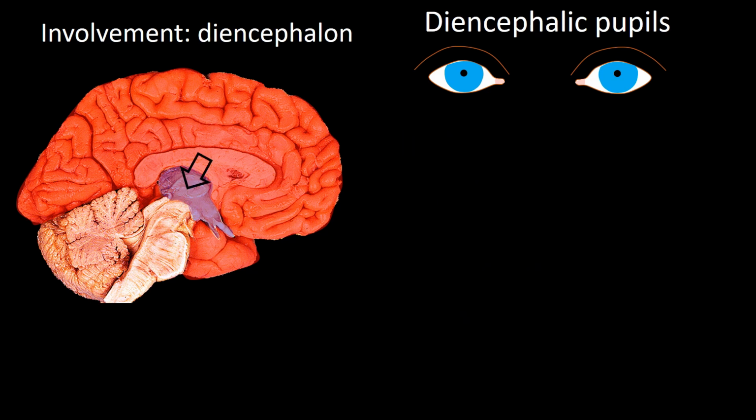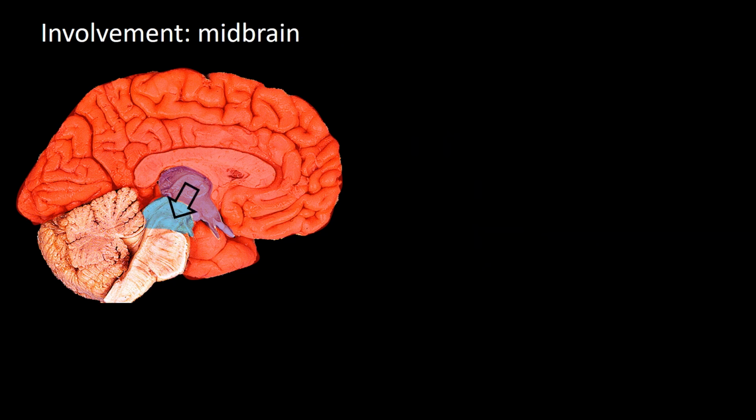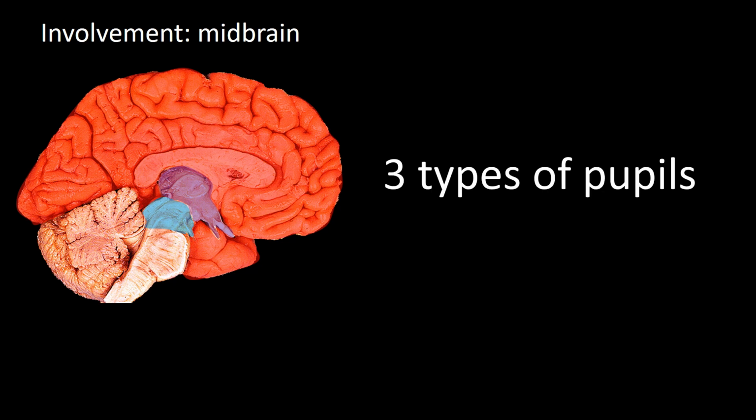In this frame, you can see the arrow indicating the diencephalon. Diencephalic pupils have similar characteristics and causes to those seen with cerebral hemispheric involvement. Midbrain involvement can produce three types of pupillary abnormalities.